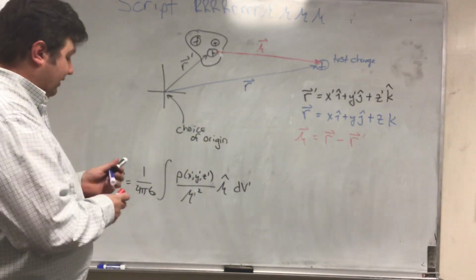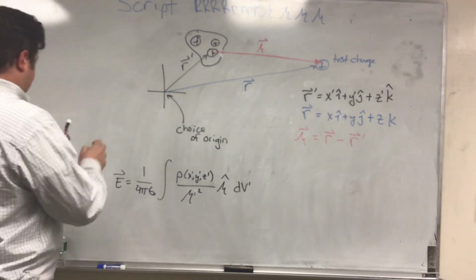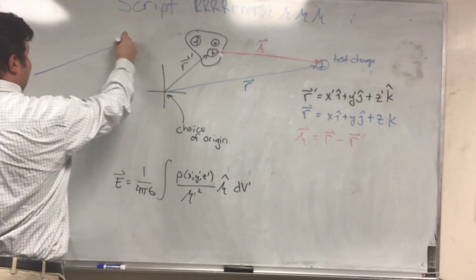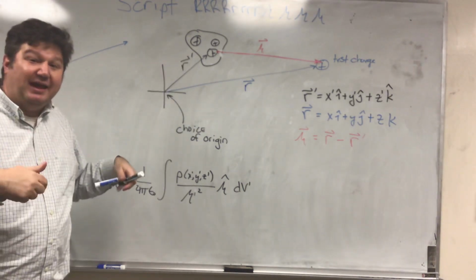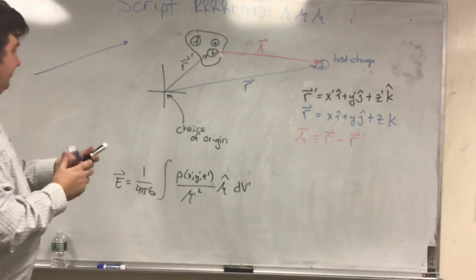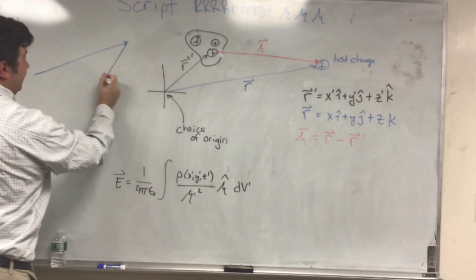So let's think about that over here, right? If I have this vector, right, and I want to subtract, I take this line here, but I make it opposite. So I do head to tail, I go down like this, right?